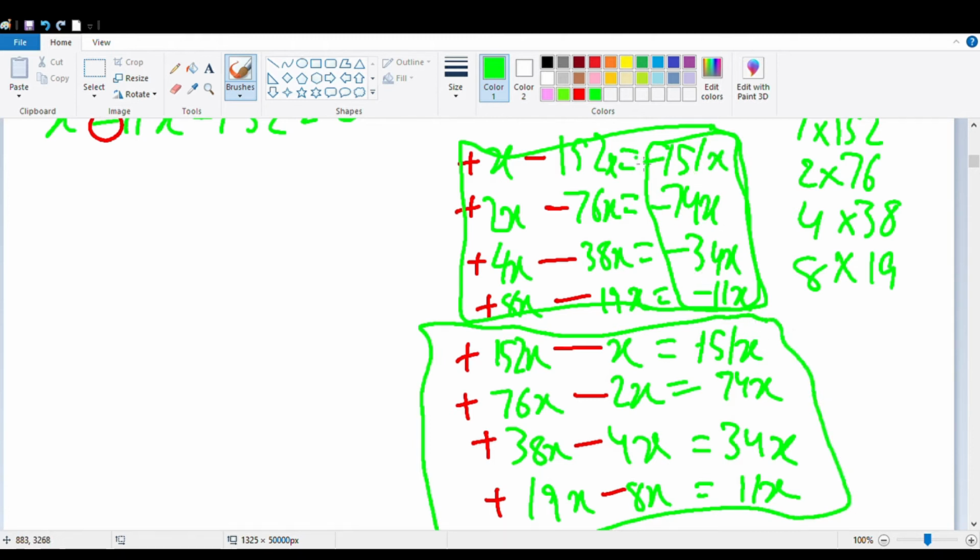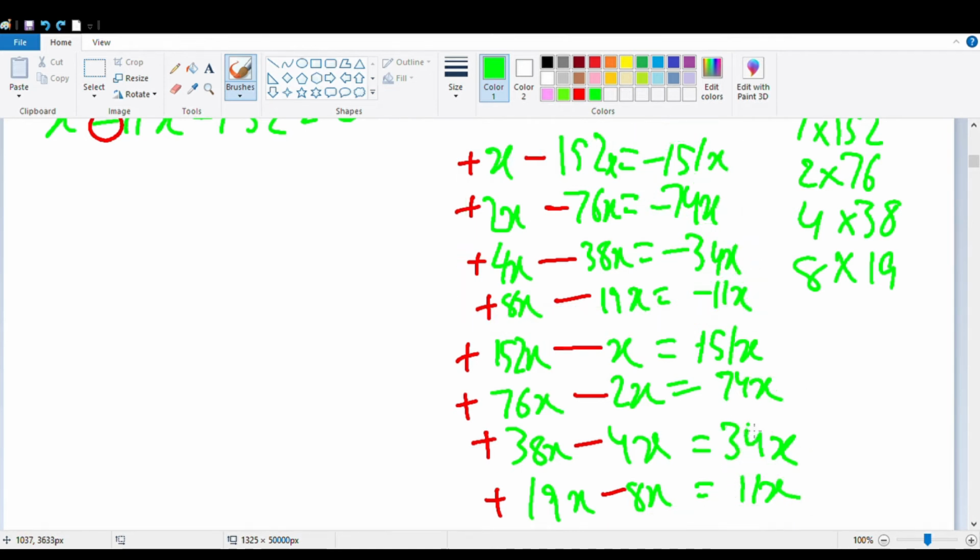Negative 151x right here, and positive 151x here, negative 74x here, positive 74x here, negative 34x here, positive 34x here, negative 11x here, and positive 11x. So this is just something I want to point out so it's easier for you when you're doing it.